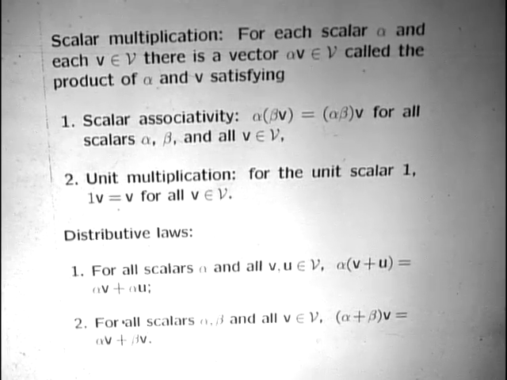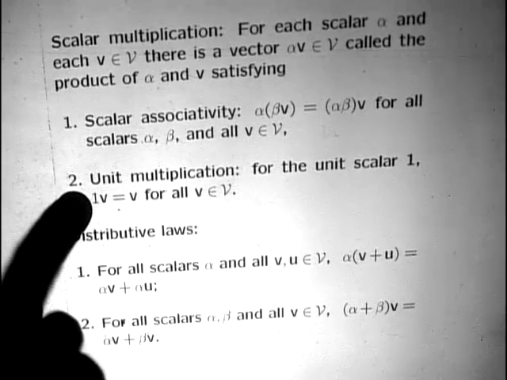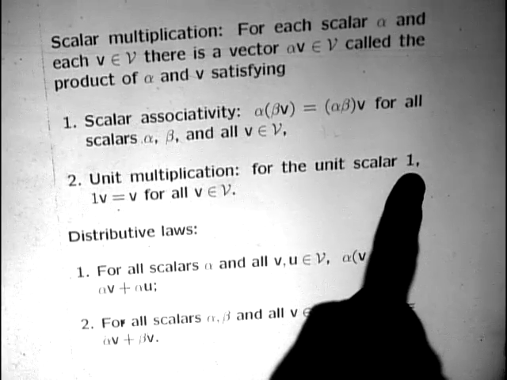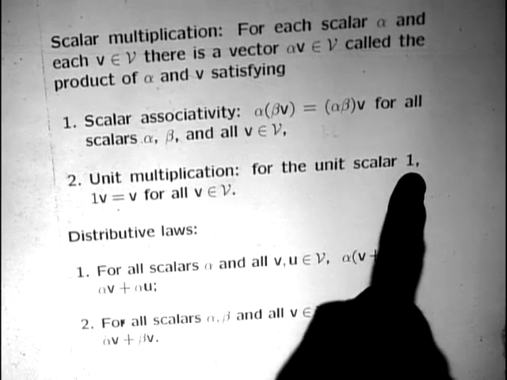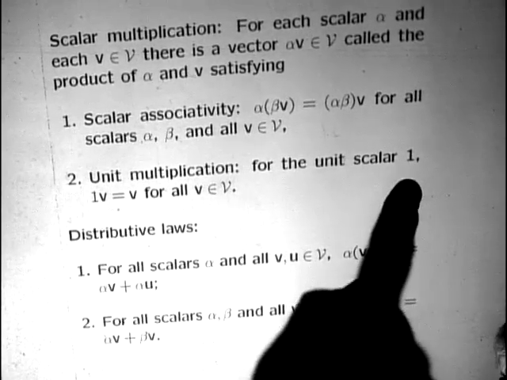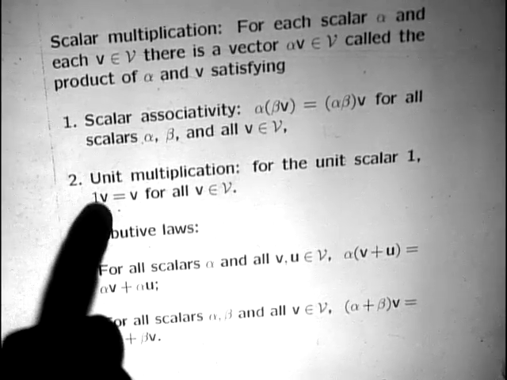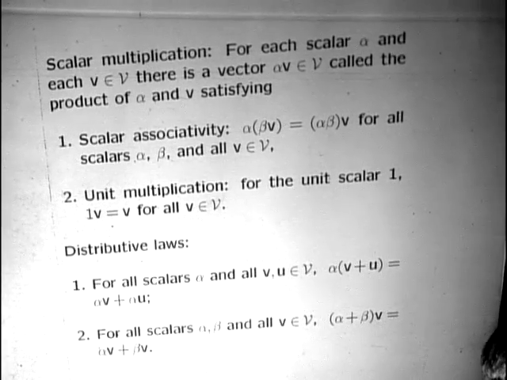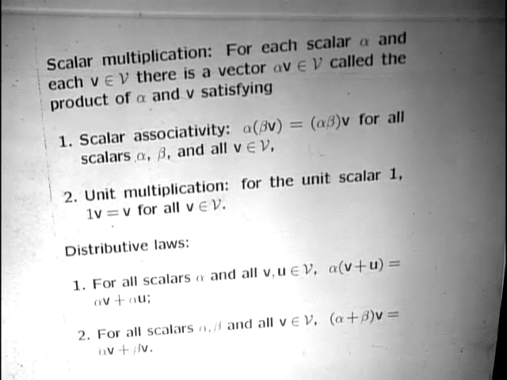You can multiply vectors by scalars. In terms of n tuples, when you're multiplying a scalar by an n tuple, you just multiply every component by that scalar. When you take the scalar 1, and in a field, there's always an element 1, there's always an element 0, when you take the element 1 and you multiply it by a vector, you get the same vector, which of course is what you would expect if you were looking at functions.